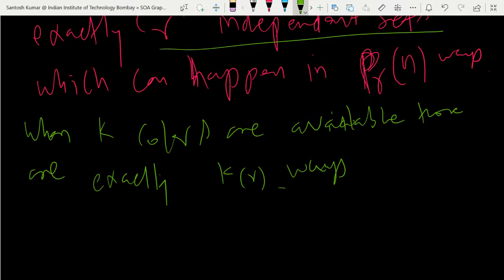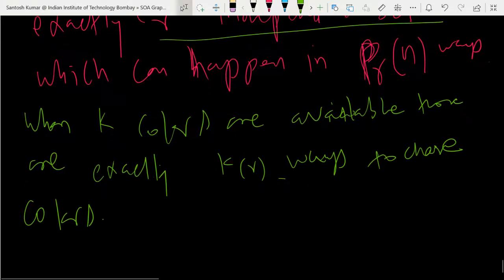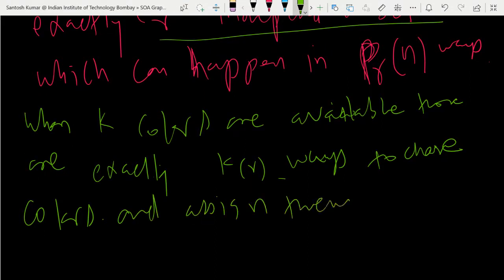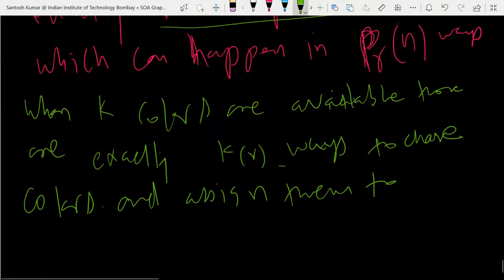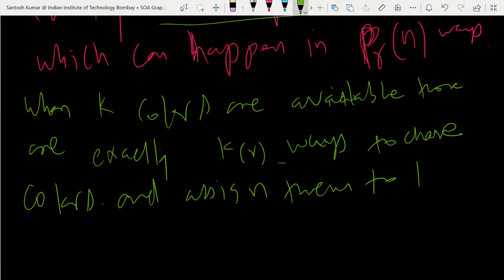So we have KR ways to choose colors and assign them to the color classes. So out of K colors, you first select R colors, okay, and then assign them to the classes. The total number of ways you can do that is KR.